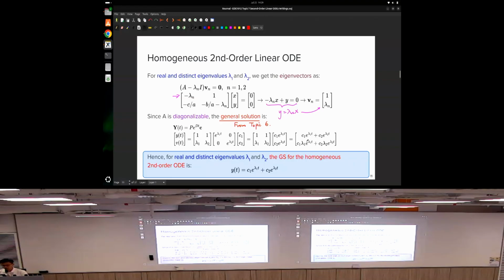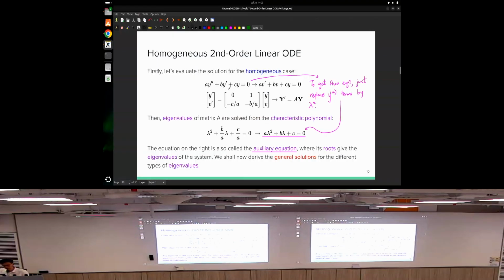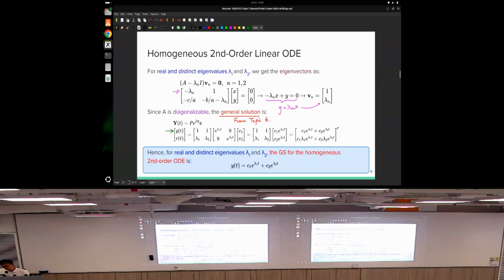But what is it that you want? You want y of t. Originally you are solving the second order ODE for y of t. You look at the terms with primes, it is y, so you are solving for y of t. So this is your solution, the first row.